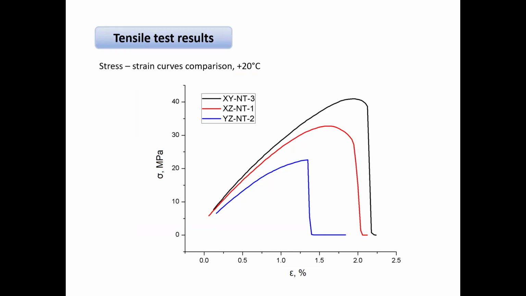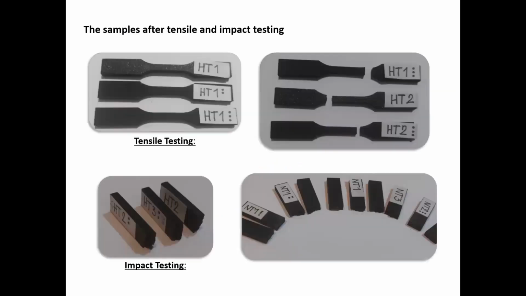Because that is room temperature, and in that combination we have the low temperature of minus 30 degrees and the high temperature of about plus 50 degrees. And the worst results are in the epsilon set orientation.